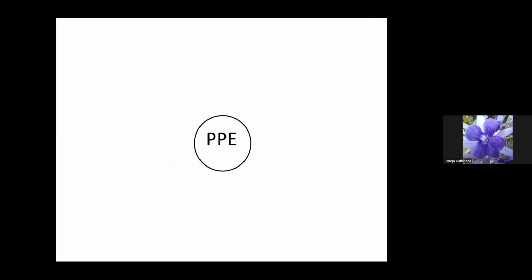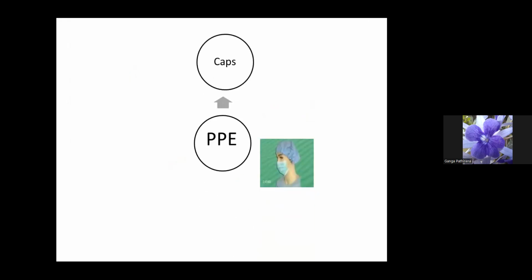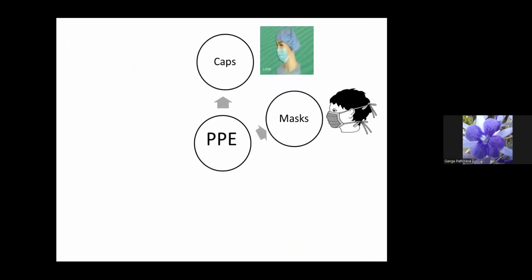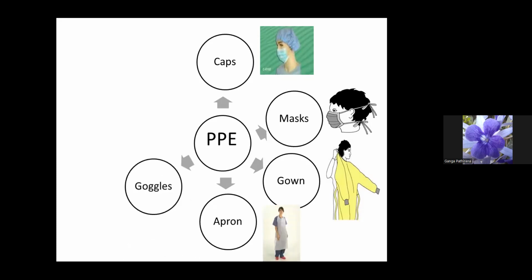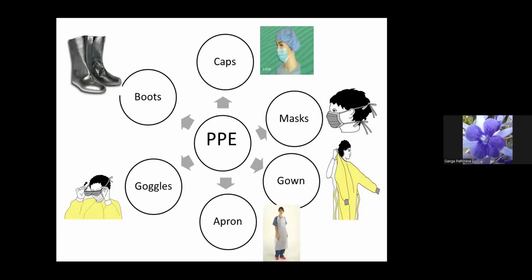When we consider personal protective equipment, there are several types like caps and masks. There are several masks, from simple surgical masks to N95 masks, and then gowns, aprons, goggles, boots, and so on.